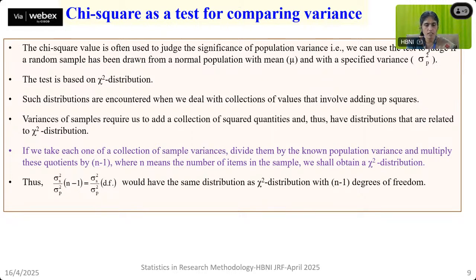Then the population variance, whether it is available in the literature or you rely upon previous experimental data from a large number of measurements. Then multiply this factor by the number of degrees of freedom, that is n minus 1, where n is the total number of measurements. So this is another way of representing the chi-square function. Here again, we compare the variances, the sample variance with the population variance, or the observed variance with the expected variance.